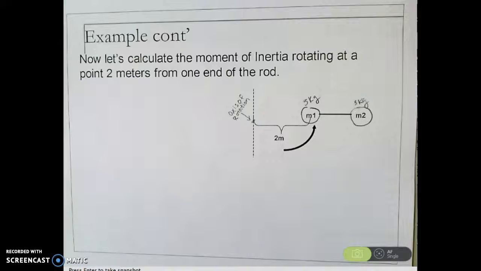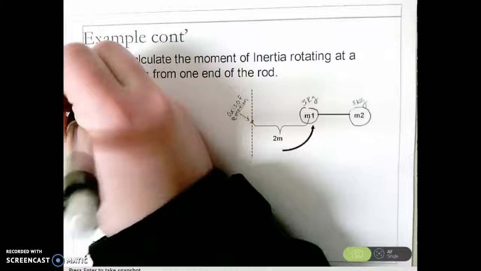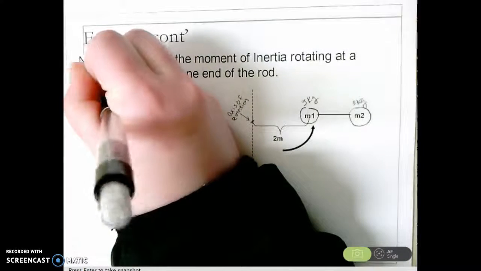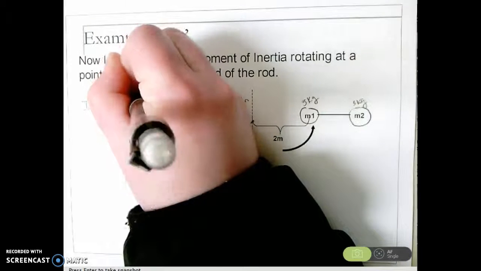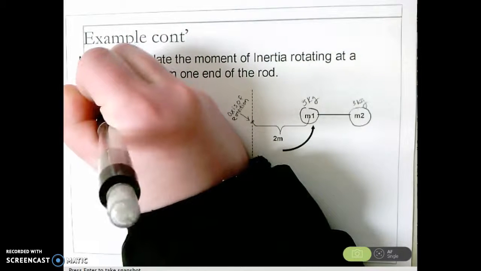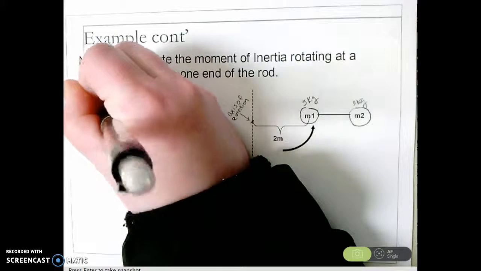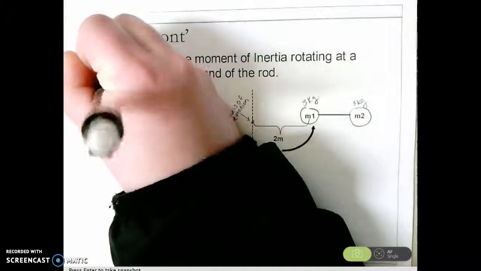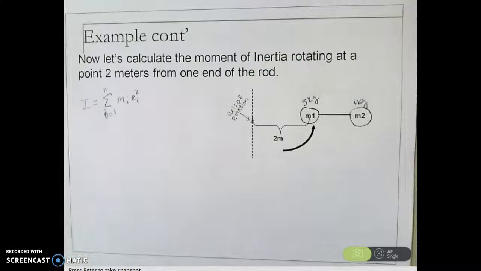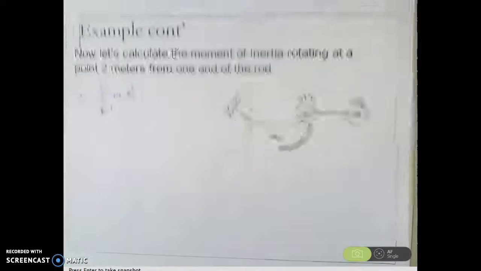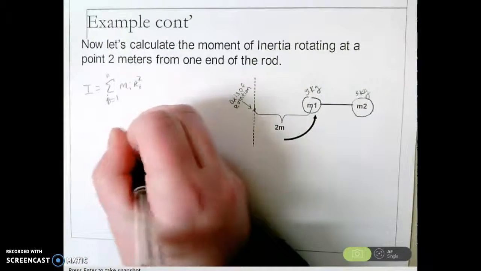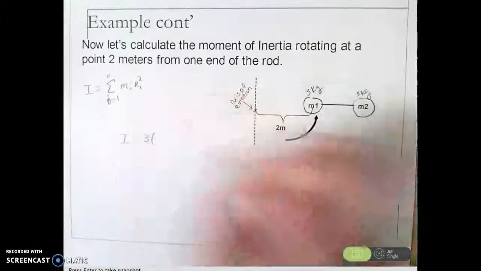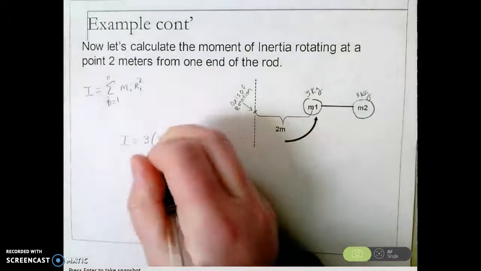So this moment of inertia, again, if we look at our equation, from i equal to 1 to n, we will end up with, for mass 1, this distance is 2.